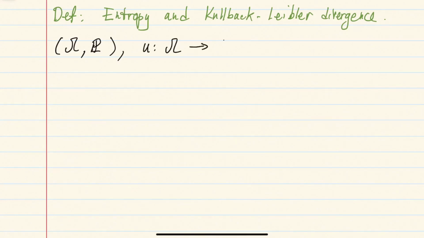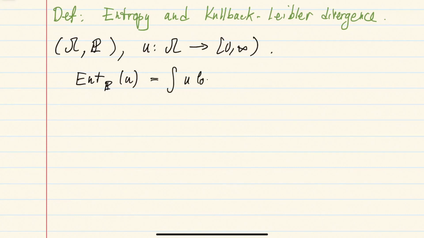Then what is called the entropy of this function with respect to this measure P is the following expression. It's the integral of u log u with respect to P minus the integral of u times the log of the integral of u.